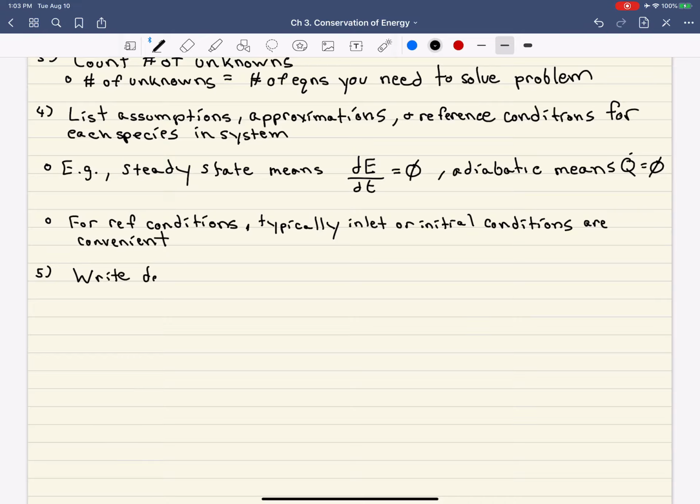So at this point, write down the appropriate form of balance equations.